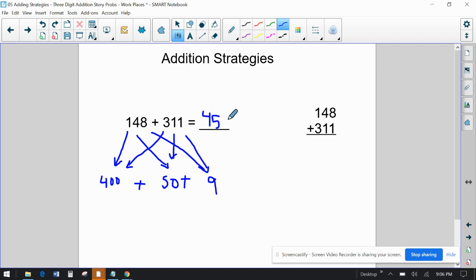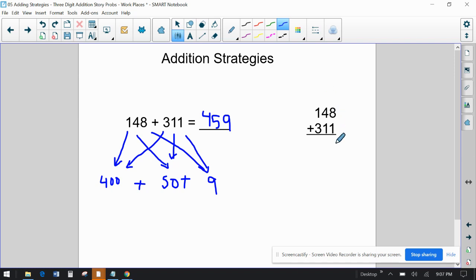Another thing I noticed about this, if you stacked it, there is no regrouping in this. Every single sum is going to end up less than double digits. So in other words, every place value sum is going to be a single digit number. You don't have to worry about having a double digit where you have to kick anything up here.